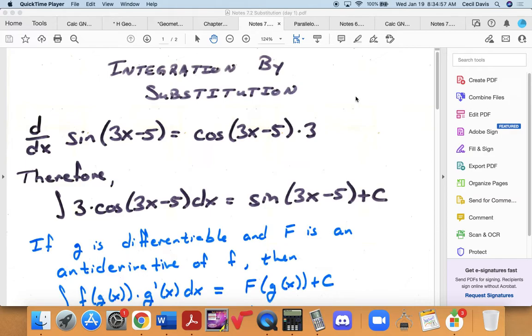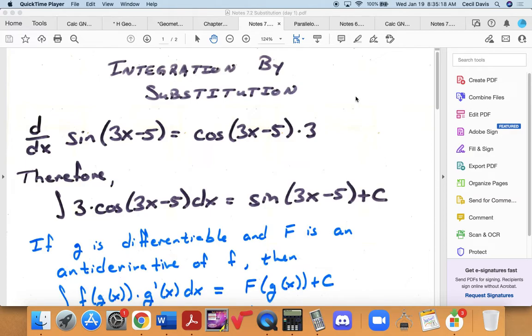Now, because a lot of times it's just simply undoing the chain rule, just because we're in a section on integration by substitution does not mean you have to use substitution on every problem. There will be problems where you'll say, oh, I see how to undo the chain rule on that, I don't have to mess with it.